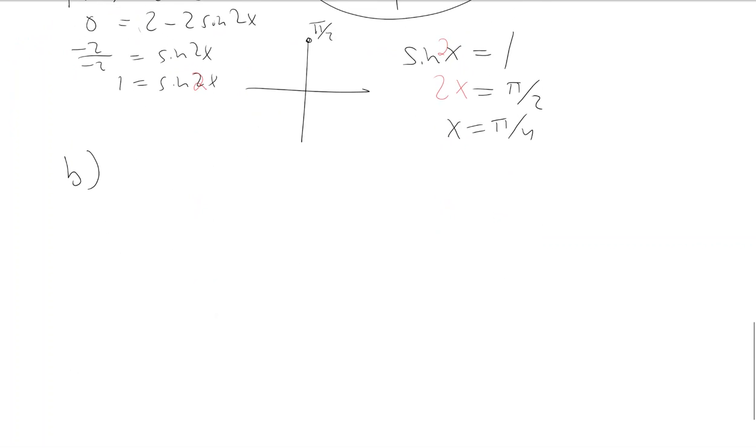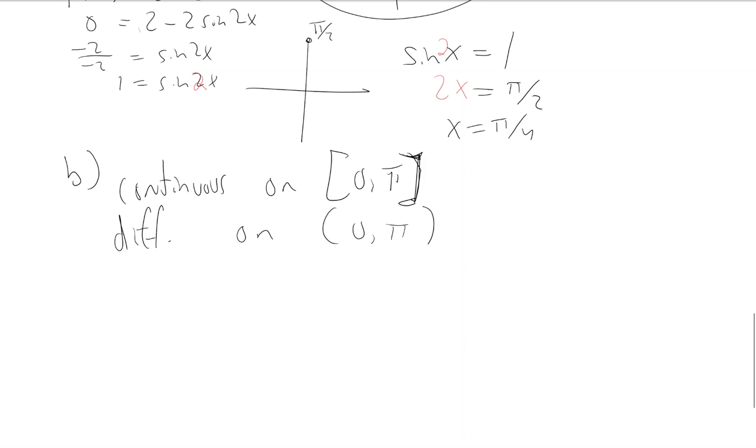Okay, part B. Explain how the conditions of mean value theorem are satisfied for f from 0 to pi. So mean value theorem only works if the function is not jumping around everywhere. So it is continuous from 0 to pi, and differentiable, because if you have any sharp turns, that also messes up the average.